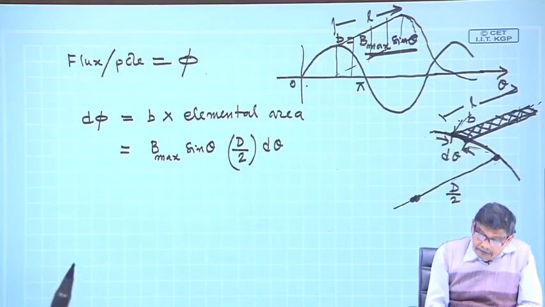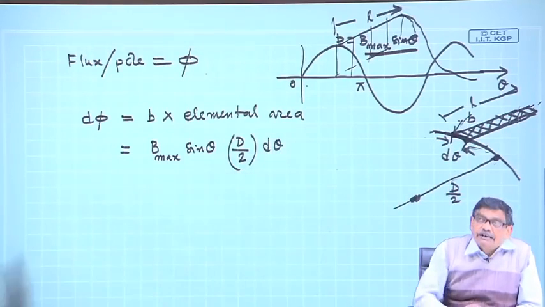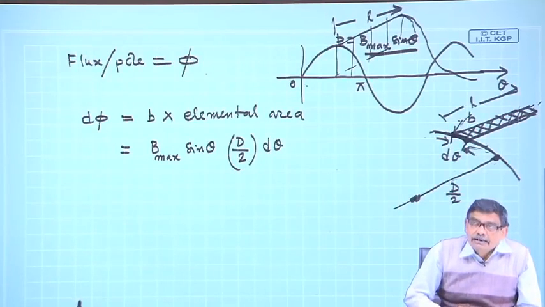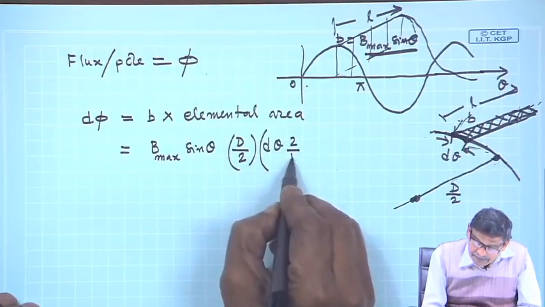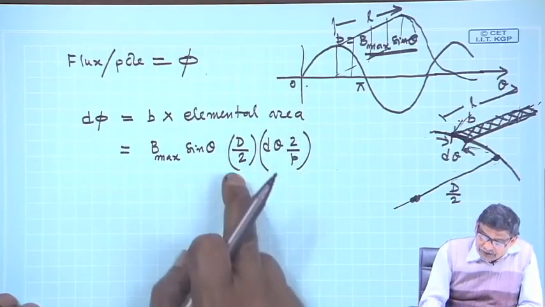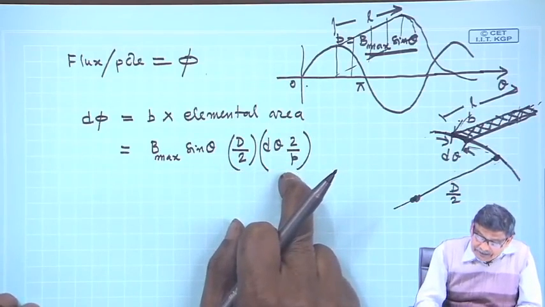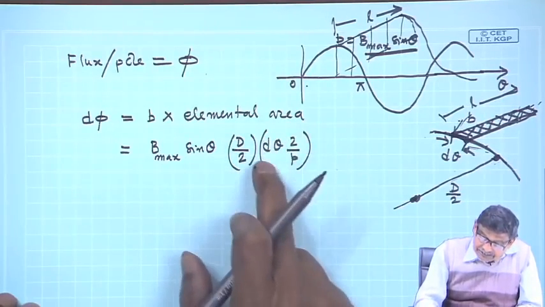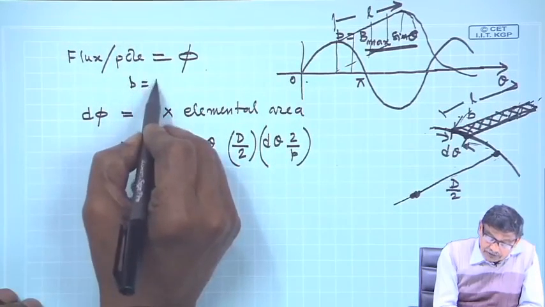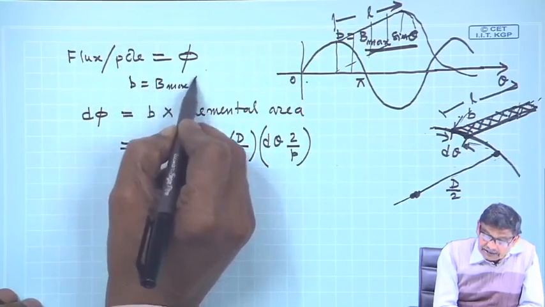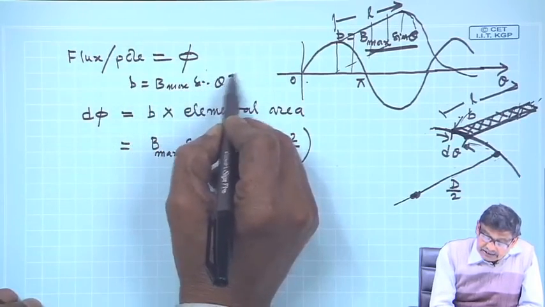This must be converted to mechanical degree, that is d theta into 2 by P. So R d theta. And B is equal to B max sin theta, theta in electrical.